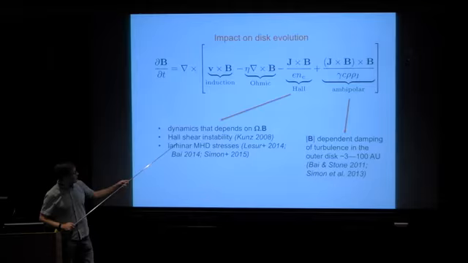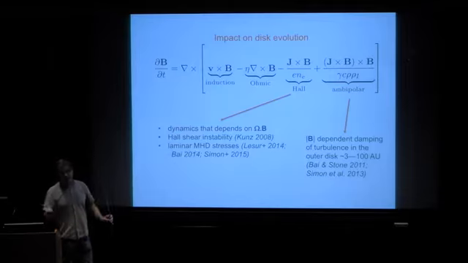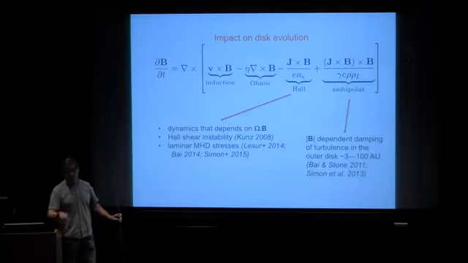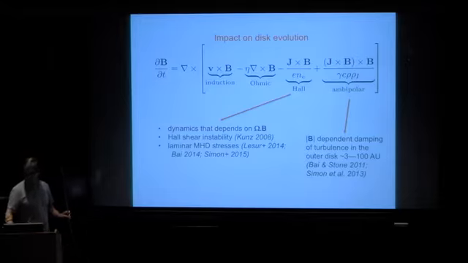So that can give rise to other instabilities which are different from the MRI itself. And some of those can give rise to laminar MHD stresses, so angular momentum transport that occurs because of ordered magnetic fields in the fluid, but not small-scale turbulent magnetic fields. So it's a complicated story.